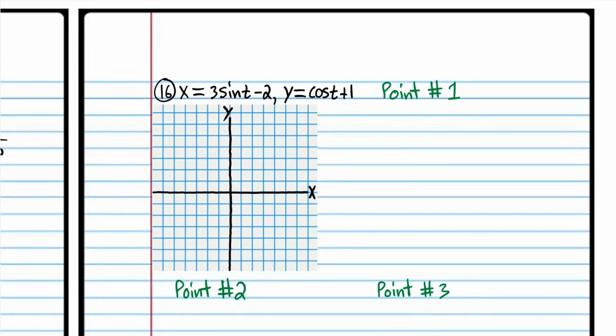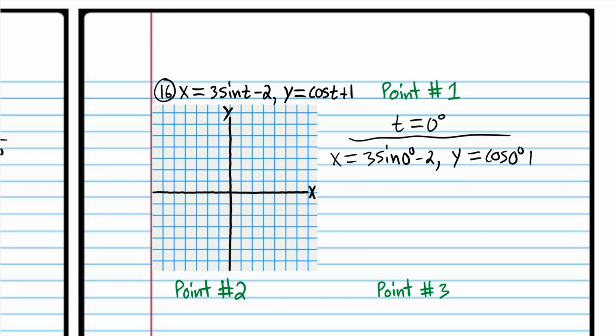So as usual, let's find 4 points. We're going to plug in 0 degrees first. So x is equal to 3 times sine 0 minus 2. y is equal to cosine 0 degrees plus 1.